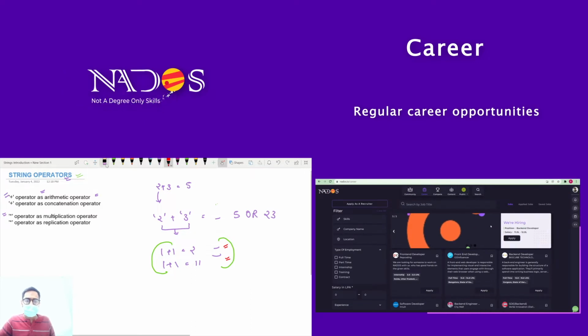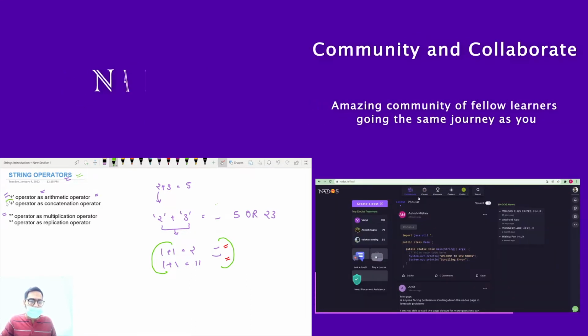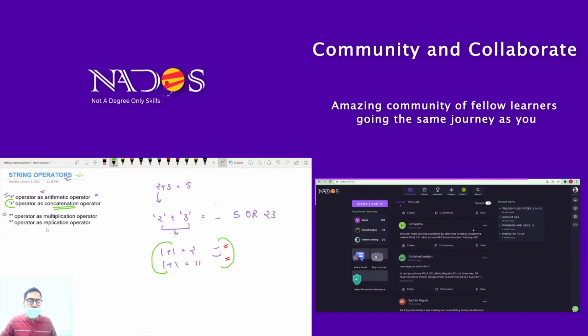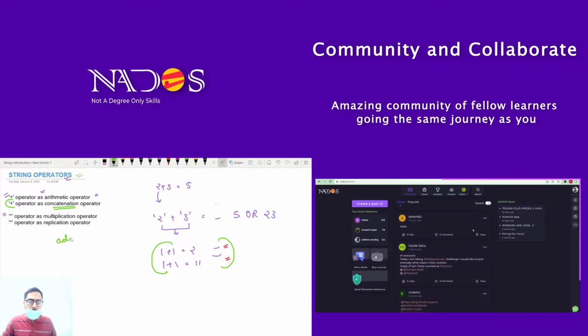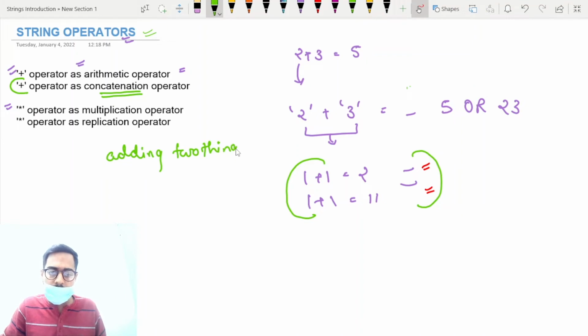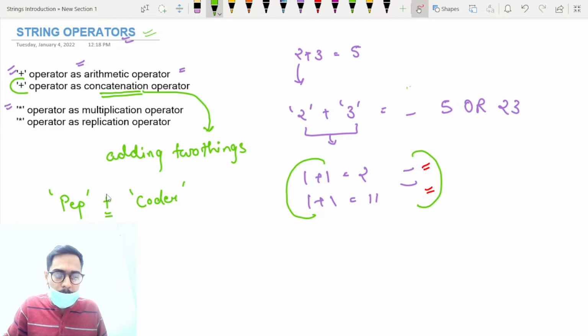First, understand plus as a concatenation operator. Concatenation means adding two things. For example, if you have a string pep and another string coder, and you use a plus sign between them, it will concatenate.